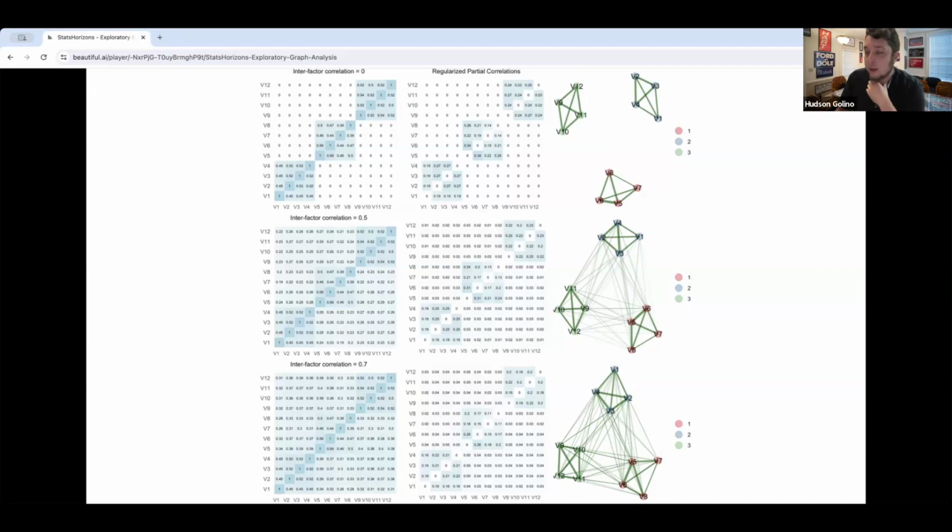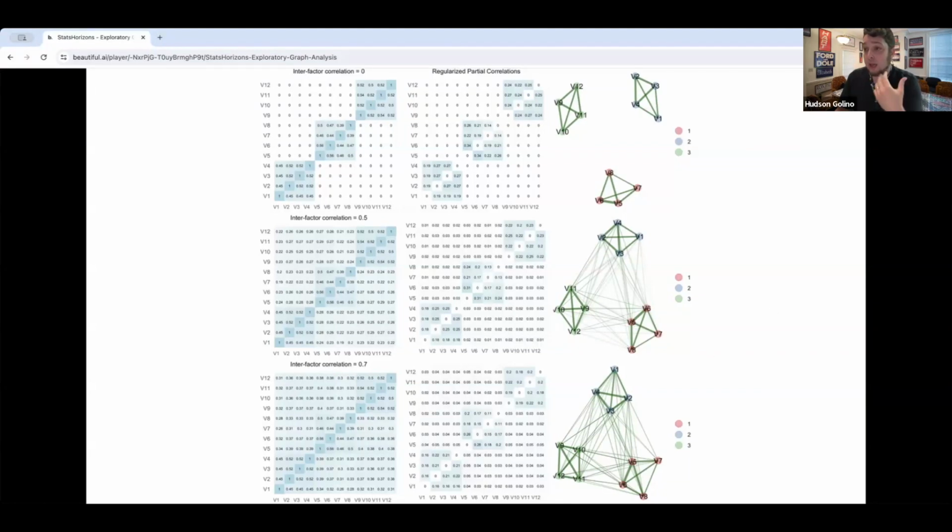And again, when we have the resulting network structure here in the right, we can see clearly the 3 clusters. And again, we have edges coming from one cluster to another one, because we have correlations between factors in the data simulation mechanism. And again, the within-factor regularized partial correlations are higher than between factor regularized partial correlations.